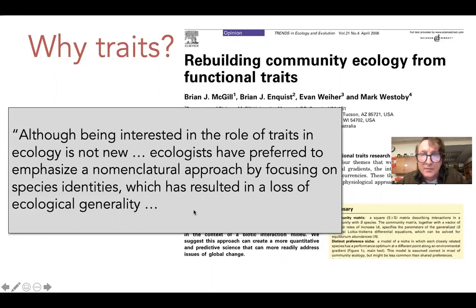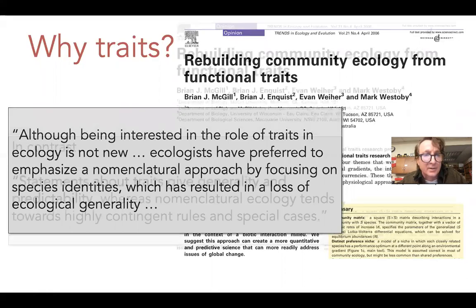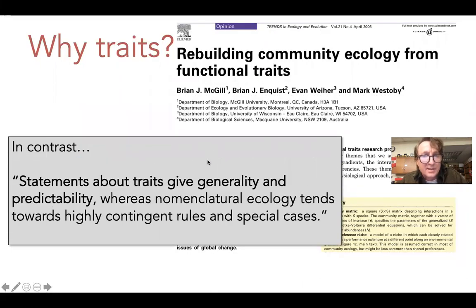That is, it's not a very strong measurement about the world. In contrast, if we focus on traits, statements about traits give more generality and predictability, whereas this nomenclatural approach to ecology tends toward being highly contingent. That is, we talk about contingent rules and special cases. Right? So this is the background.